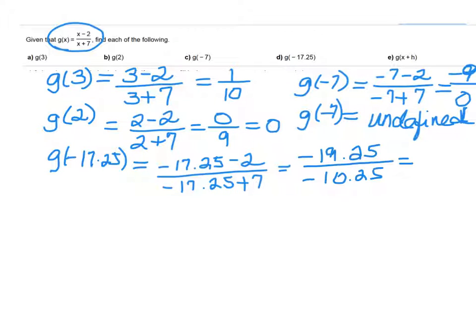And the quantity that I get as a decimal is 1.87804878, which is also the quantity 77 over 41.